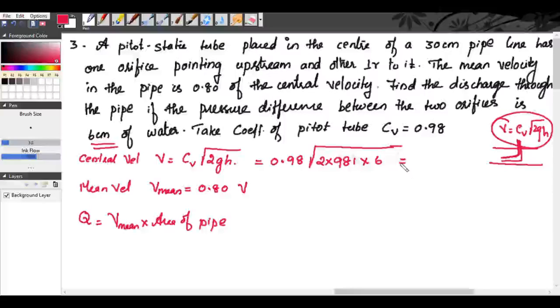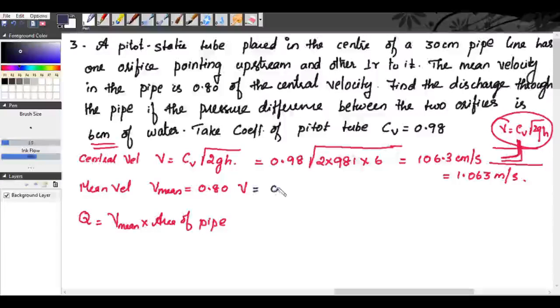We get the central velocity V equal to 106.3 centimeter per second. That is equal to 1.063 meter per second. Now we will determine the mean velocity.